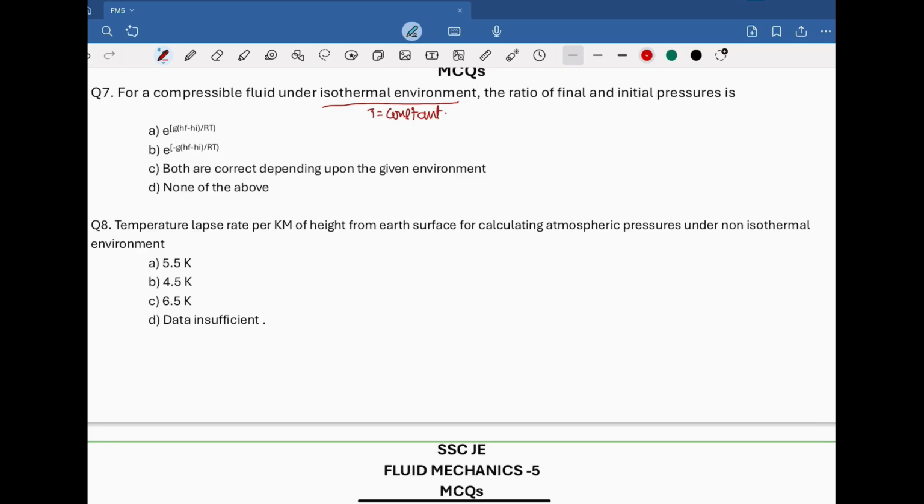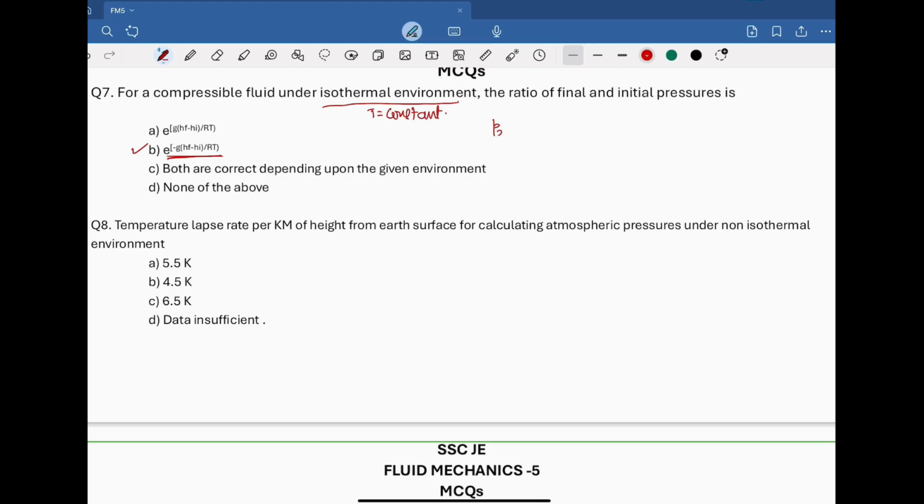Temperature is not changing. Then this is clearly the answer.